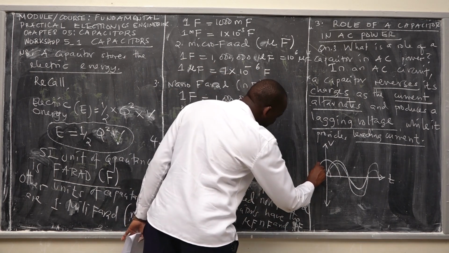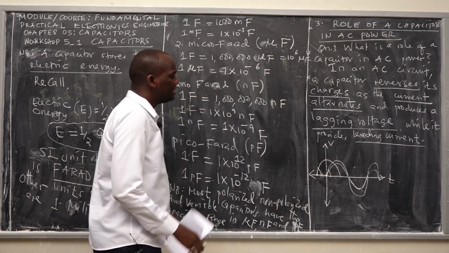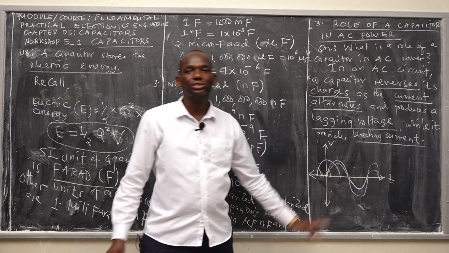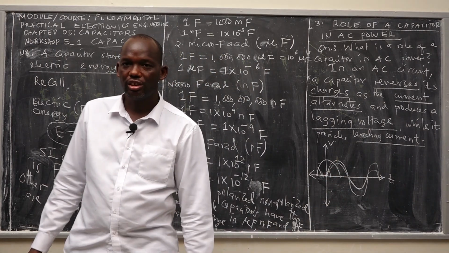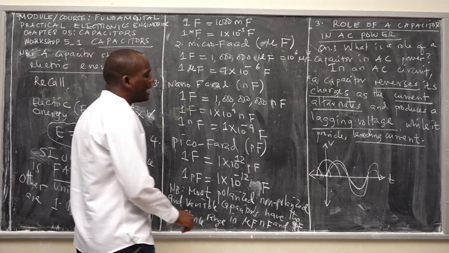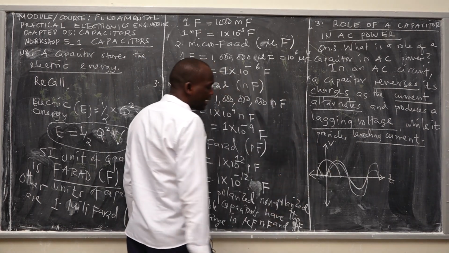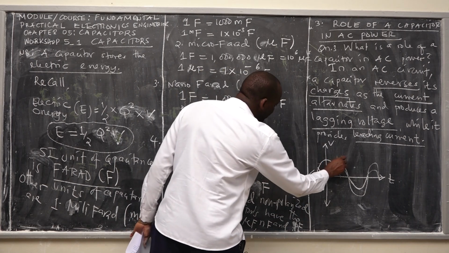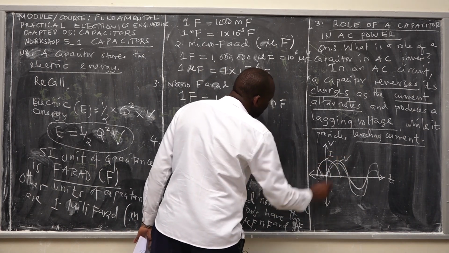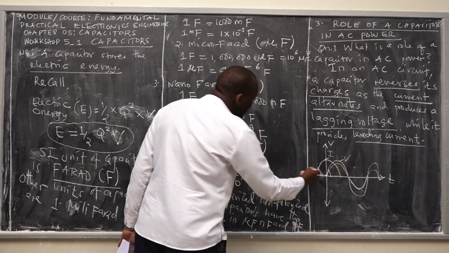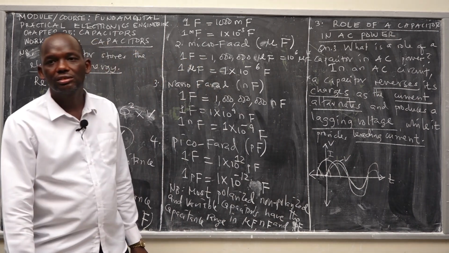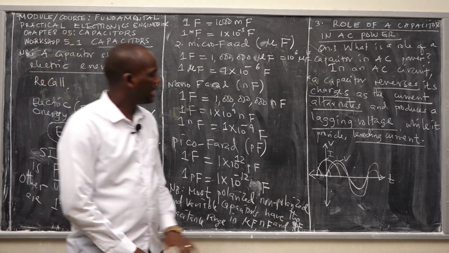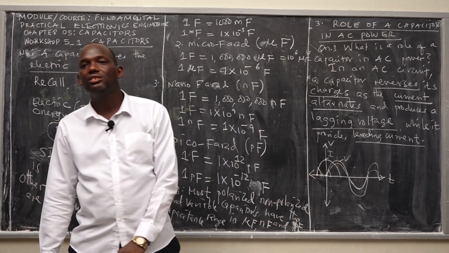You can find that this signal is out of phase with these two signals. When you say out of phase, it means that when you turn on your circuit, if this is voltage, for instance, and this is current, then voltage is leading current. So it means that current is lagging behind voltage.